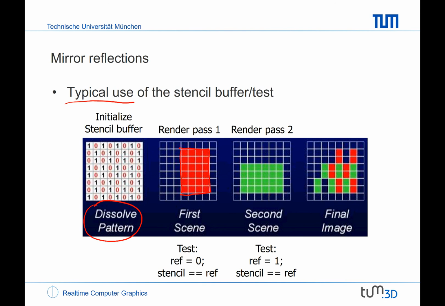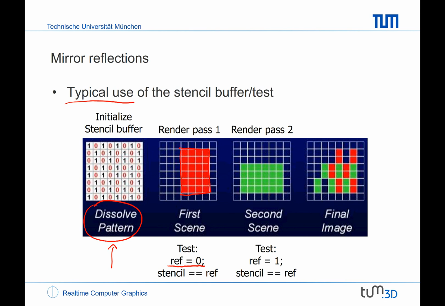Then what you could do is specify the stencil reference value to be equal to 0. And now I say, only where the stencil buffer, that is, the dissolve pattern, is equal to that specific reference value 0, we want to let the fragments pass the test and render these fragments into the pixel buffer.